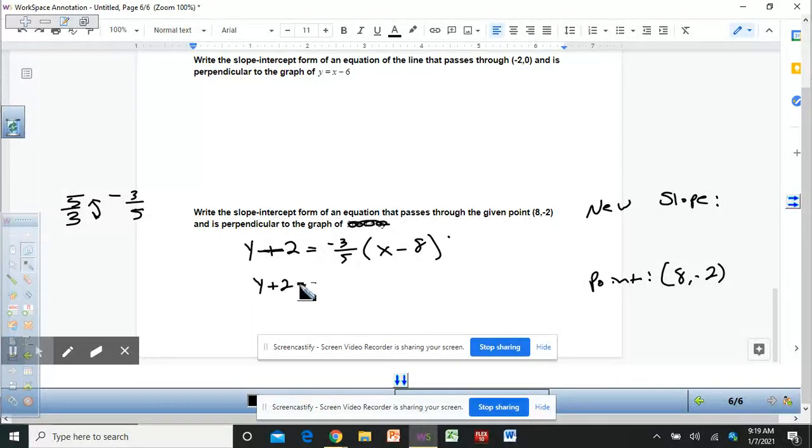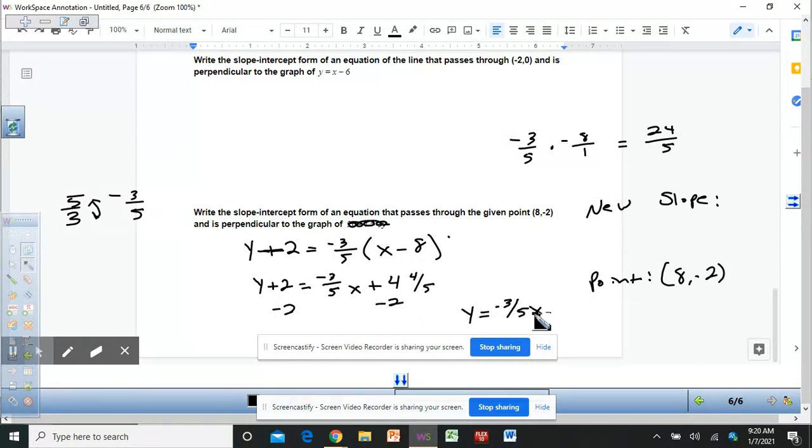So y plus 2 equals -3 over 5x plus, this is going to be -3 over 5 times -8 over 1 gives me 24 over 5, which is 4 4/5. Now I subtract 2 from both sides, and my answer is y equals -3/5 x minus 2 4/5.